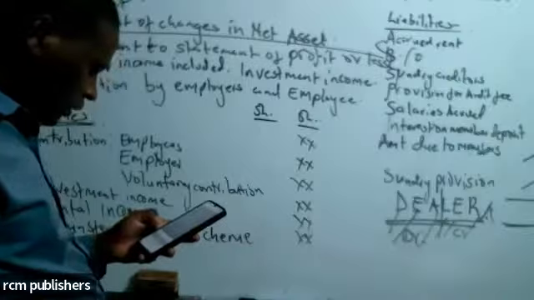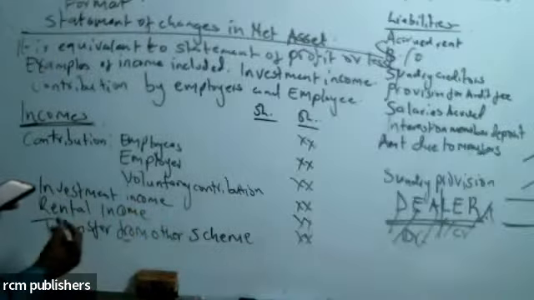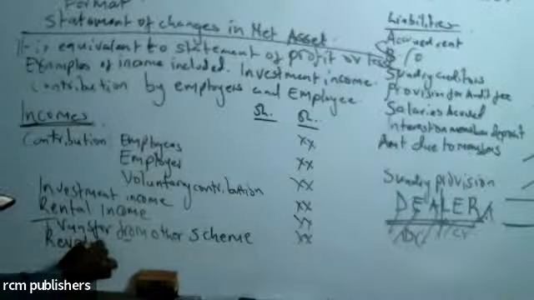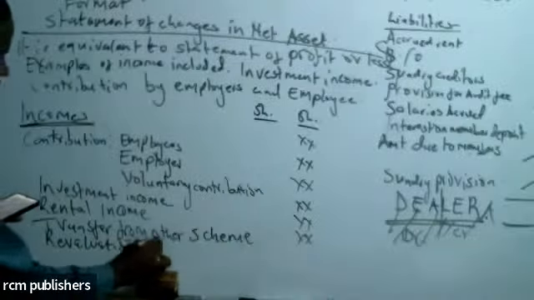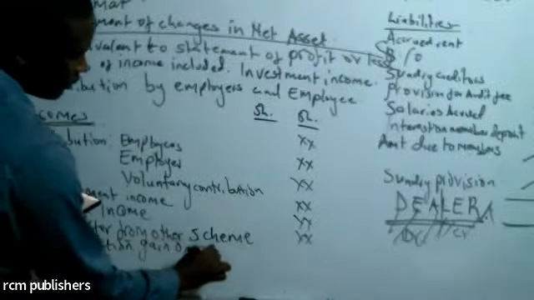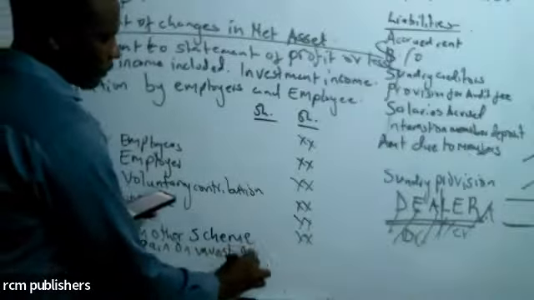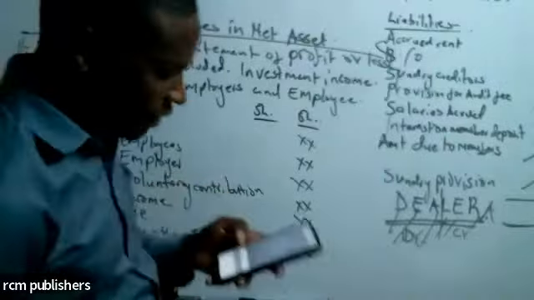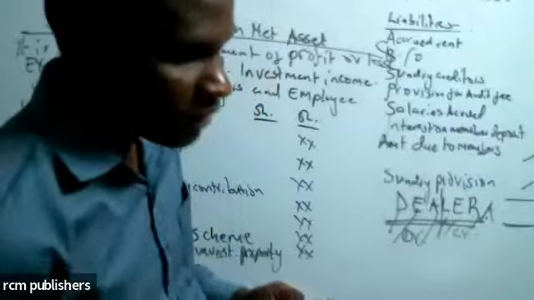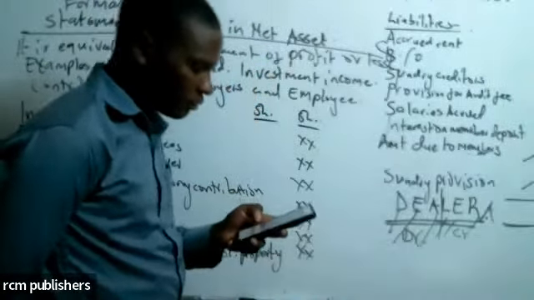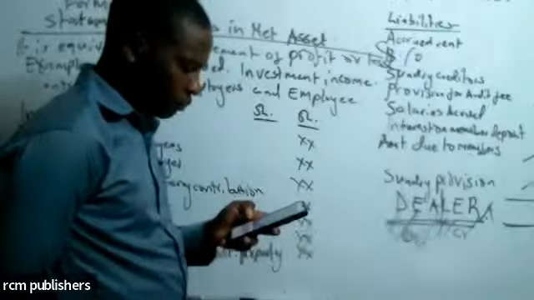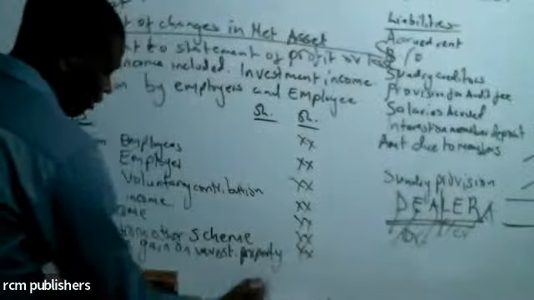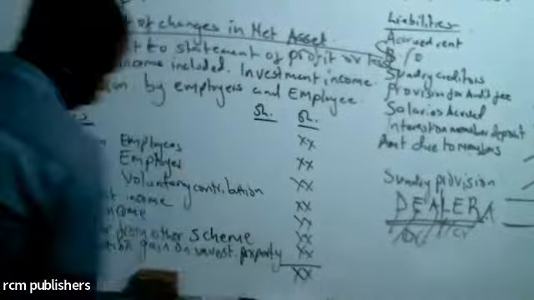Then revaluation gain on investment property, and any other gain on sale of investment property. Then from there you get total income.